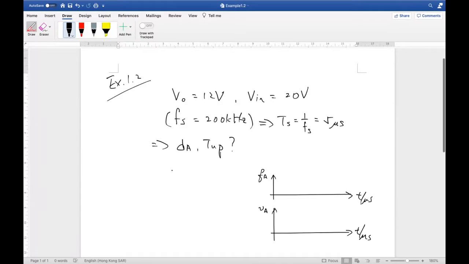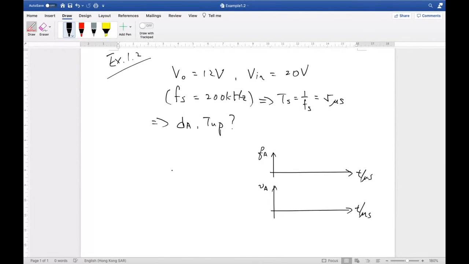We can derive the equations on our own, or even use the equation given in the slides. So one of the equations should be equation 1.4, and this one gives us the dA equation.